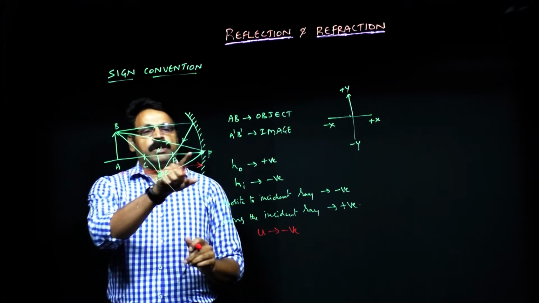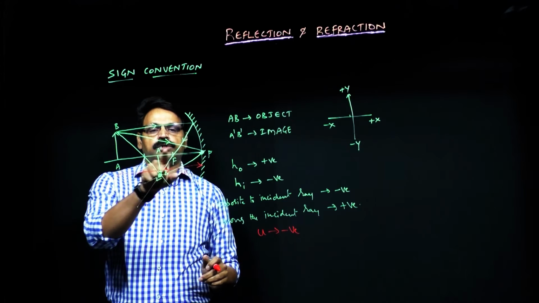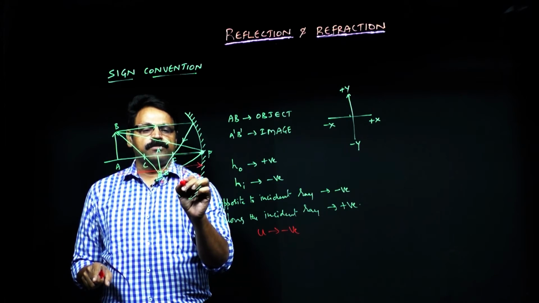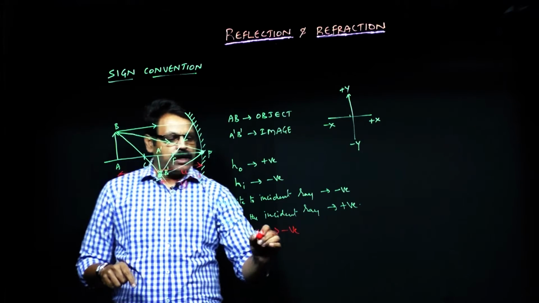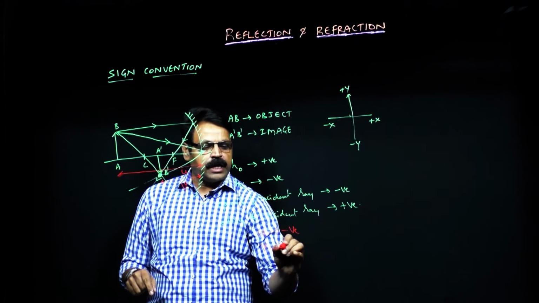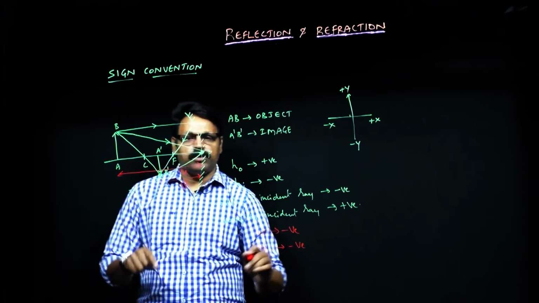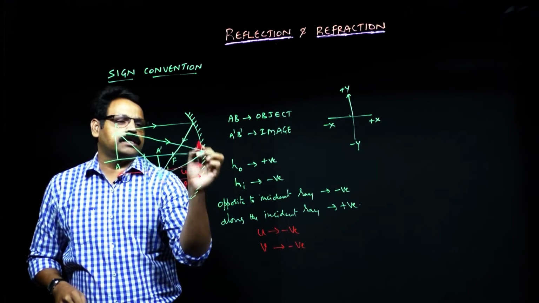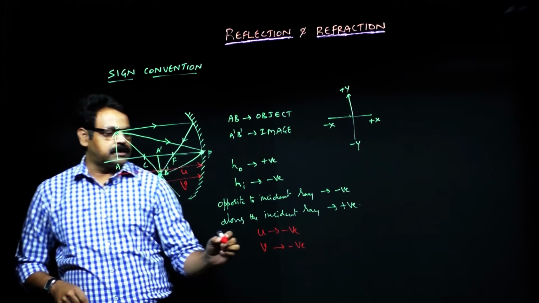Then again, the distance from the pole to the image, let us say this is v. v is called the image distance. That is also going to be negative, because with reference to the incident ray, the incident ray is coming like this, whereas you are measuring like this.